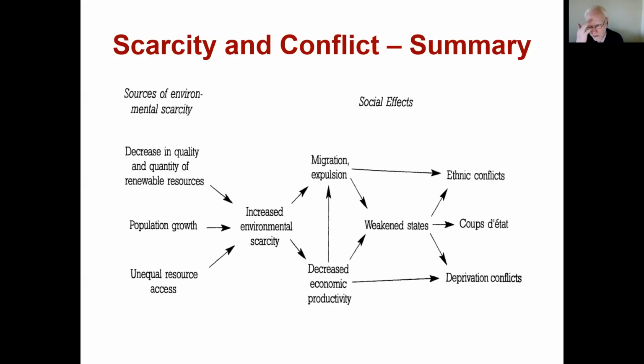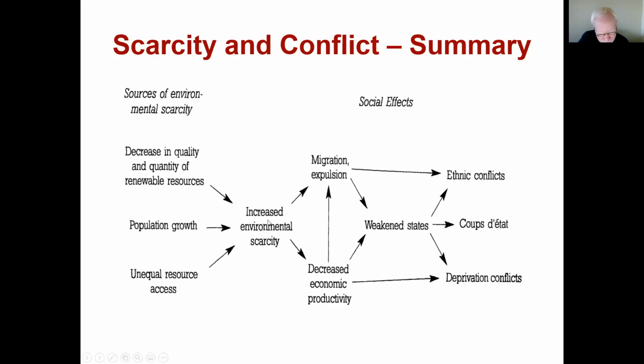So how do all of these work together? We've got our three sources of environmental scarcity. Decreasing quality and quantity of renewable resources, combined with population growth, combined with unequal resource access, lead to increased environmental scarcity. Now, increased environmental scarcity both leads to decreased economic productivity and directly to migrant expulsion.